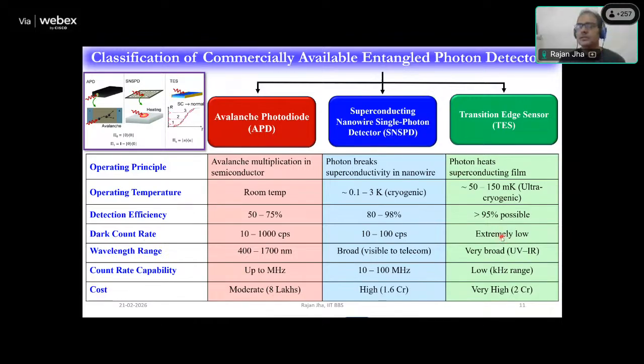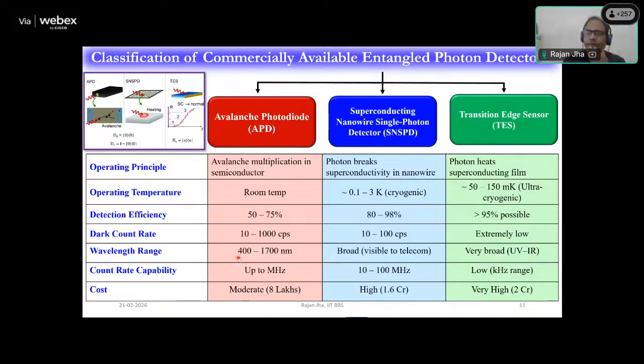You basically require a system having a very low dark current rate, and TES basically qualifies for that. Unlike avalanche photodiode or SNSPDs, which have relatively higher dark current count rate. Please note, this is a very important aspect.